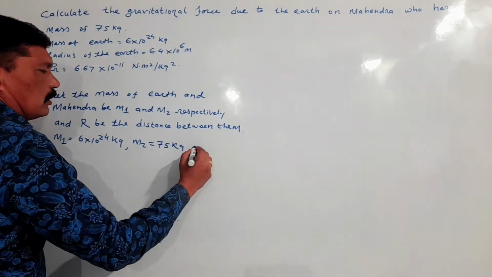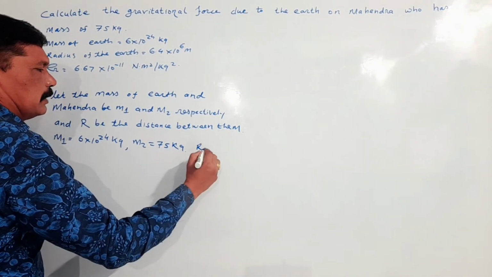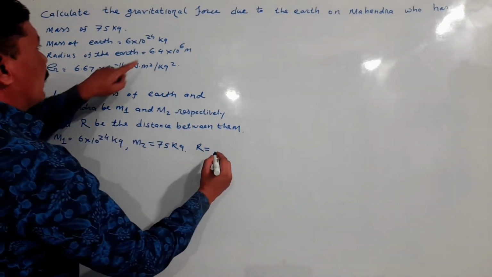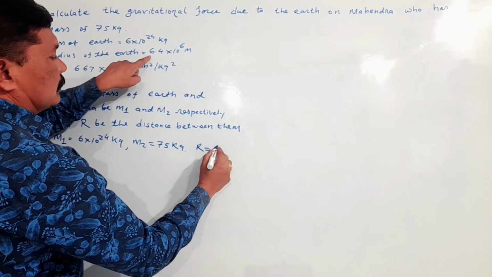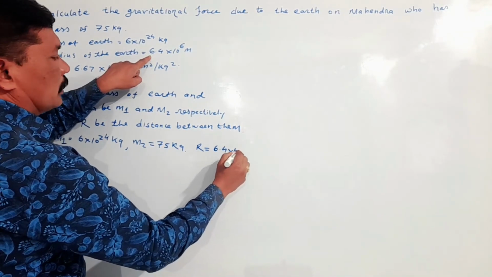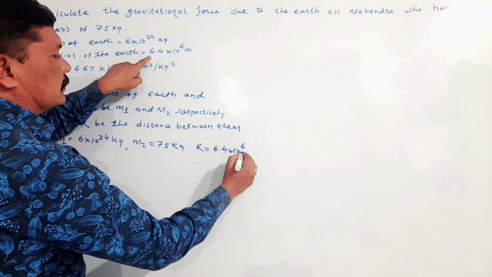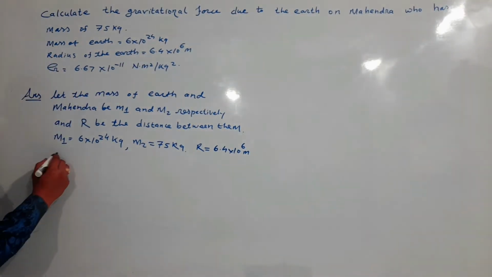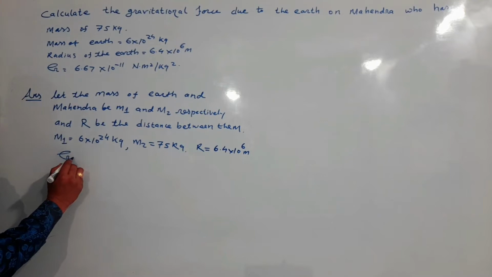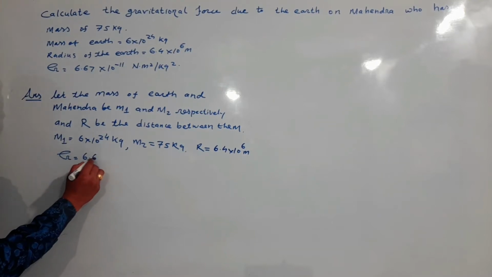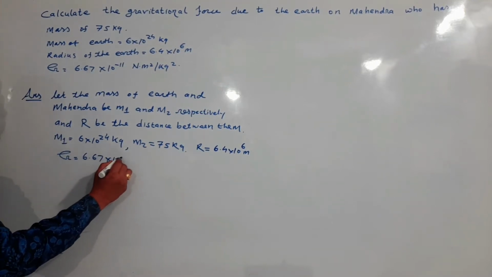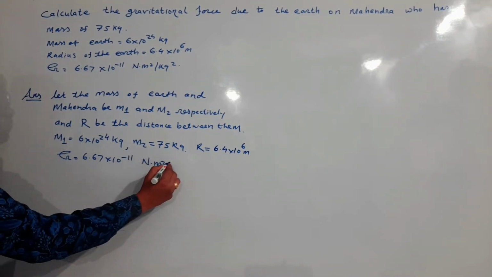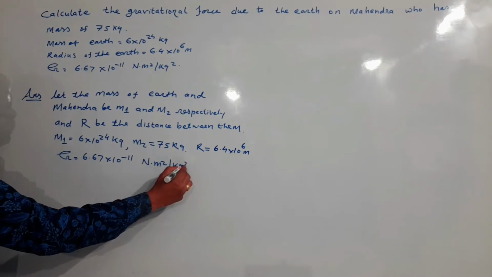Radius of earth, that is the distance between them, r, is given to us, and that is 6.4 into 10 to the power 6 meter, and the value of capital G is given. G is equal to 6.67 into 10 to the power minus 11 Newton meter square per kg square.